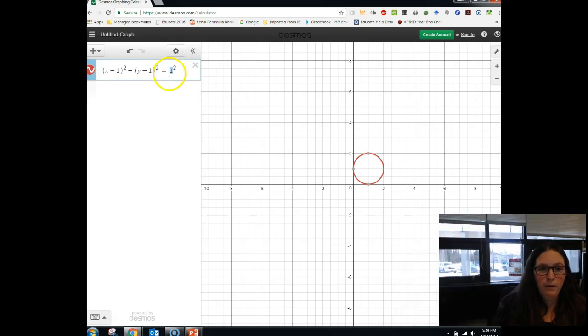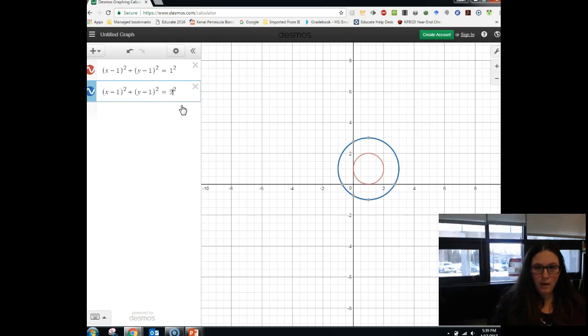If I go through now and take this equation, I'm going to copy it, and add a new equation here. And then on the second equation, I'm going to go ahead and double the size of the radius. You can see that my circle stays centered on (1, 1), because that's my h and k values, 1 and 1.